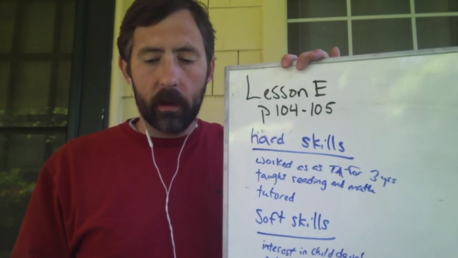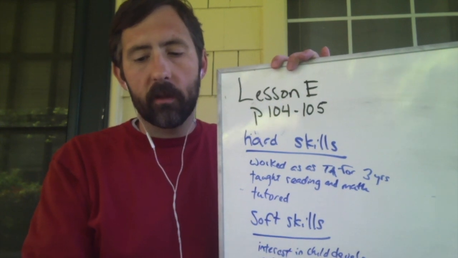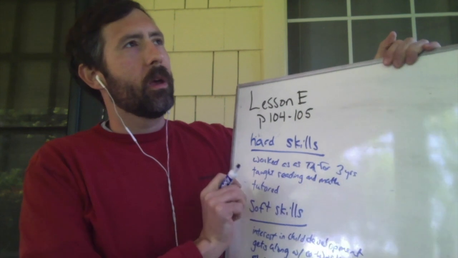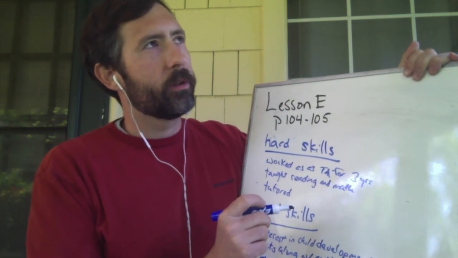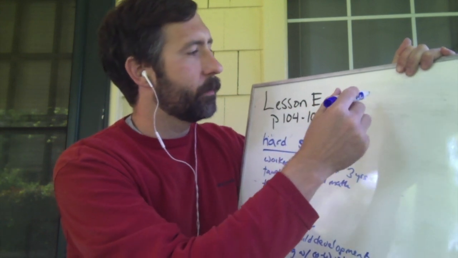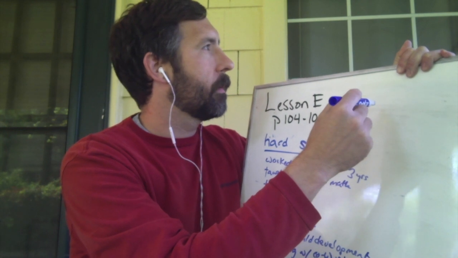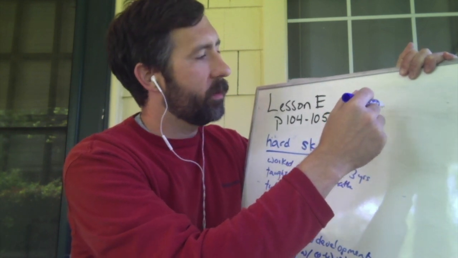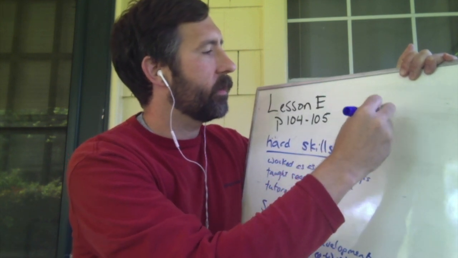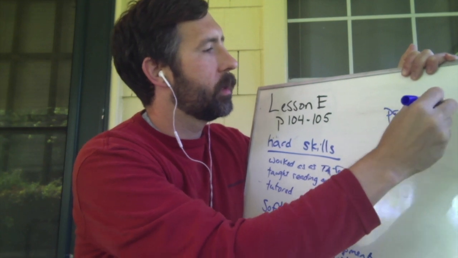Good. And so, what I would like you to do is plan a cover letter. I'm going to give you a job to apply for. Should have thought of this before, but we're going to say a preschool teacher.